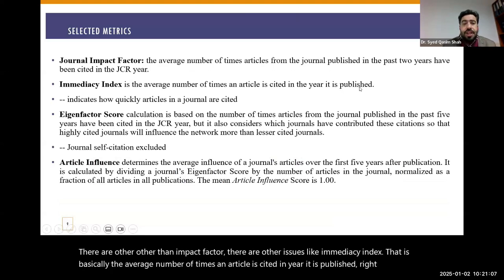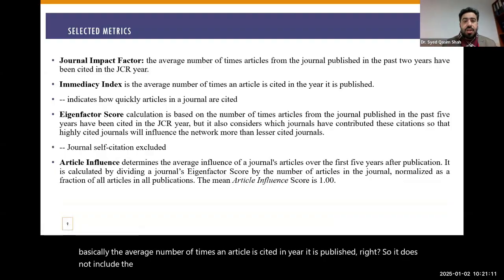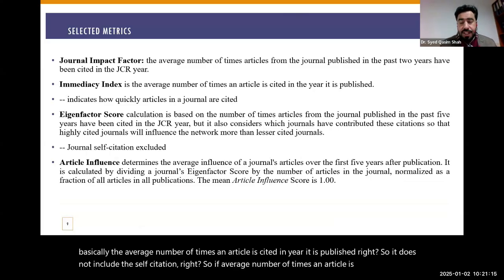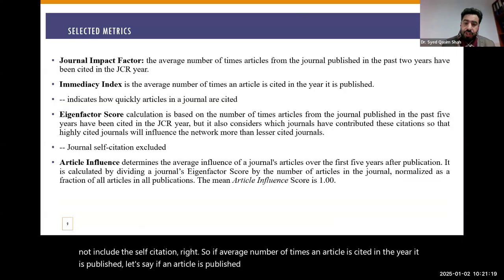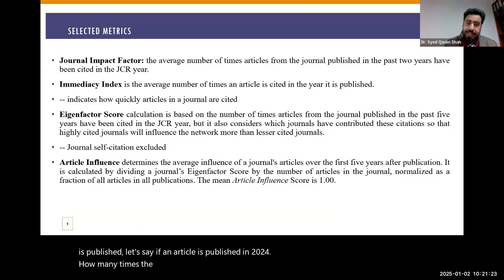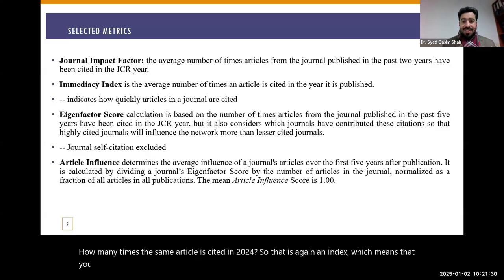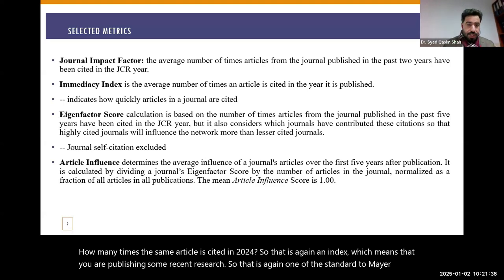It does not include self-citation. So if an article is published in 2024, how many times is the same article cited in 2024? That is again an index. It means you are publishing recent research, so that is again one of the standards to measure the quality of a journal.